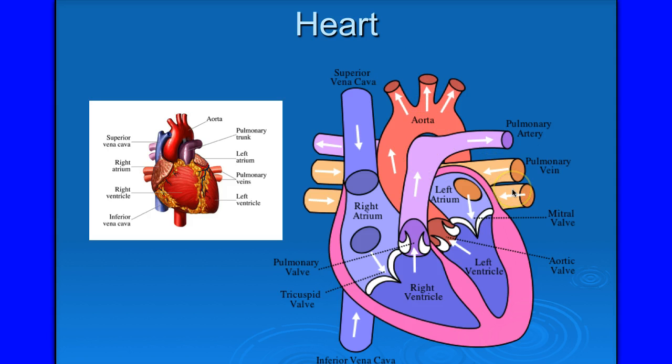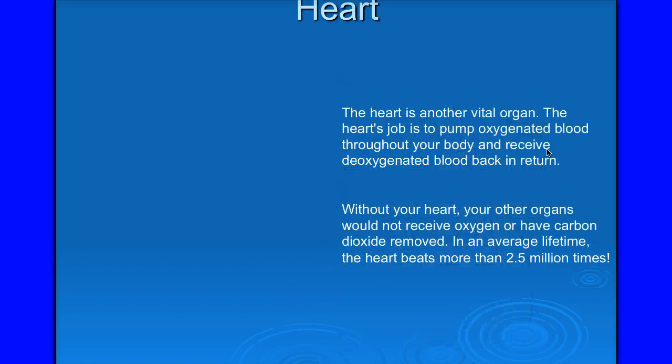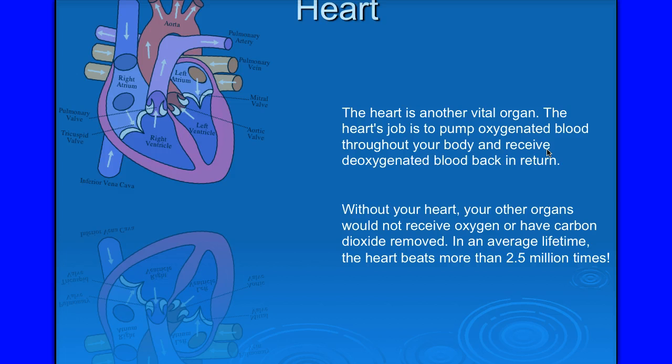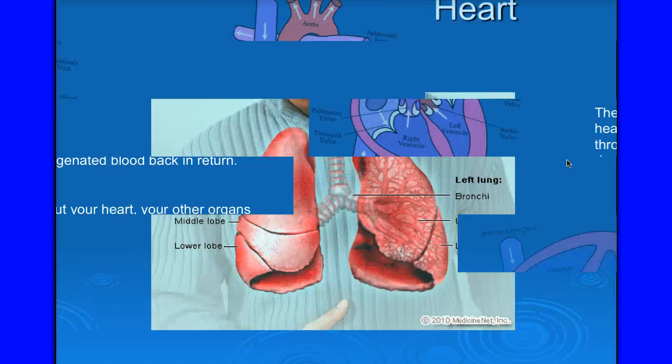So veins bring blood to the heart, and arteries take blood away from the heart. That's something that you need to remember. And again, the heart essentially just pumps blood throughout the body, sends it to the lungs to get oxygenated, and then sends it to the other organs in the body that need the blood.